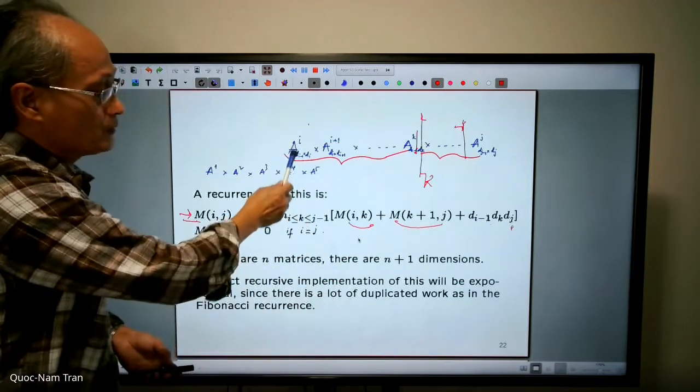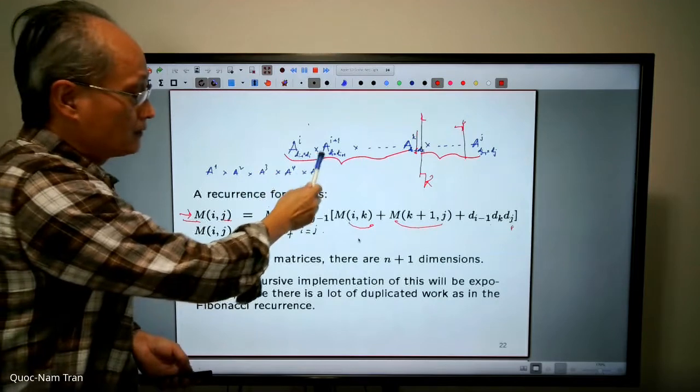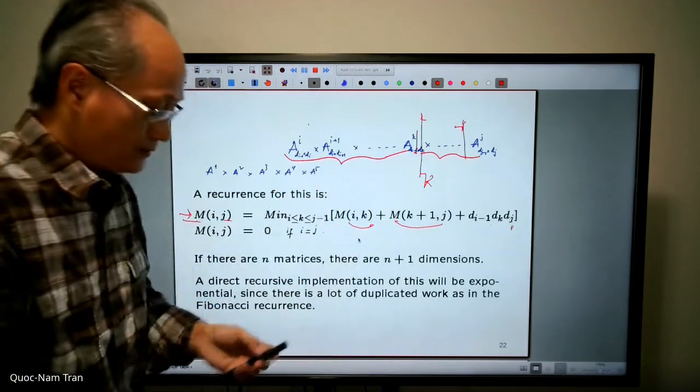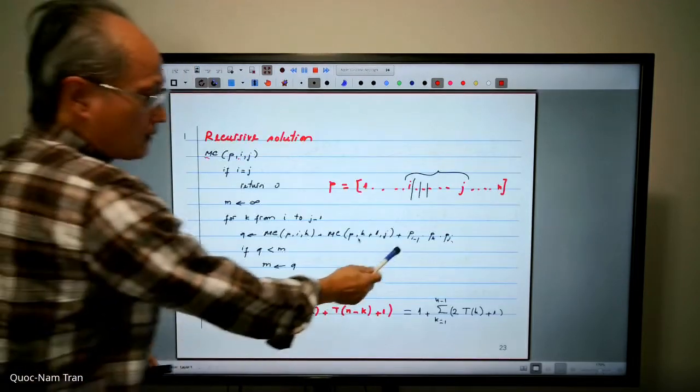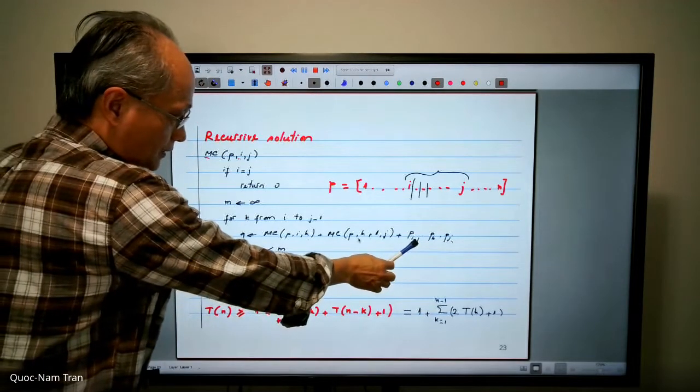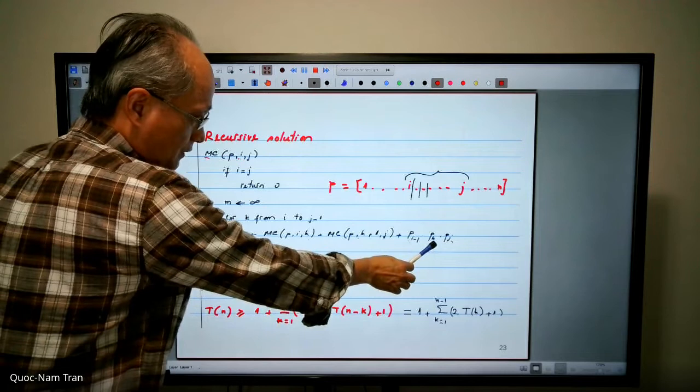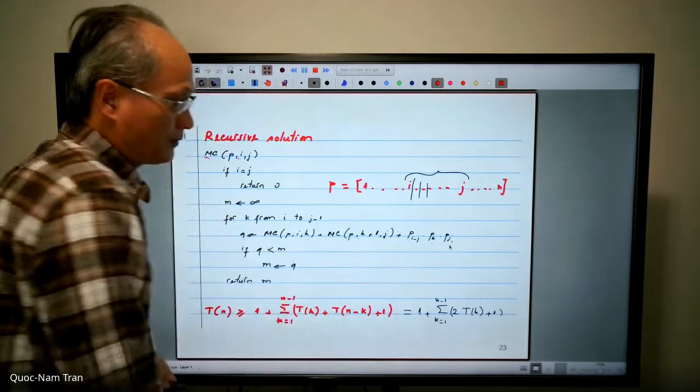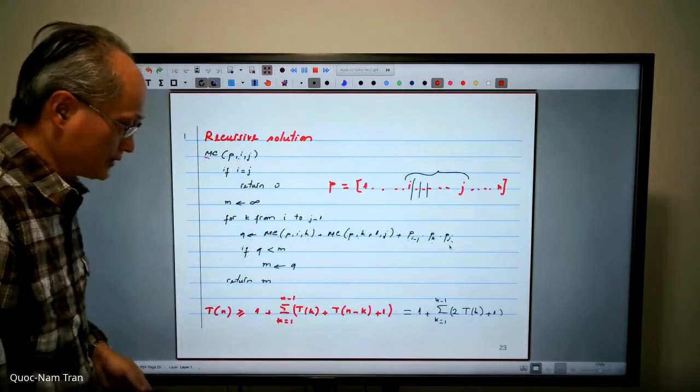Each matrix has a row and a column, so that's why we have the cost here: the row, the column, and then the column of the last matrix.